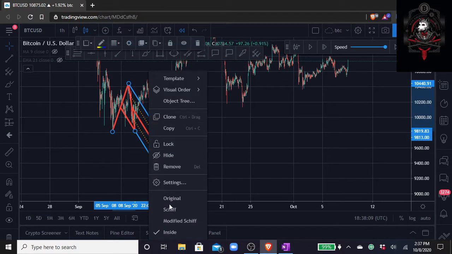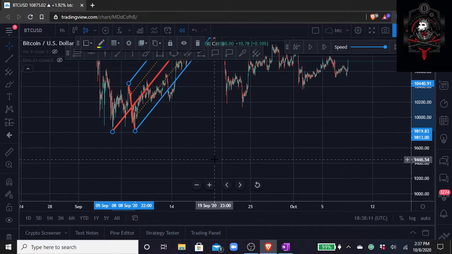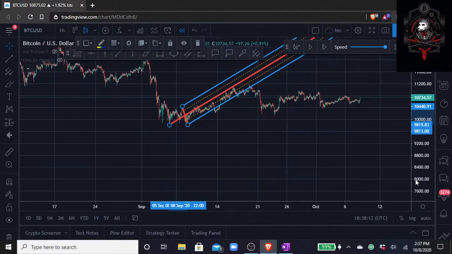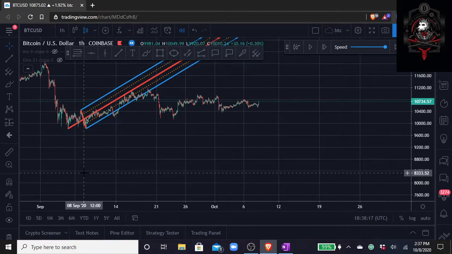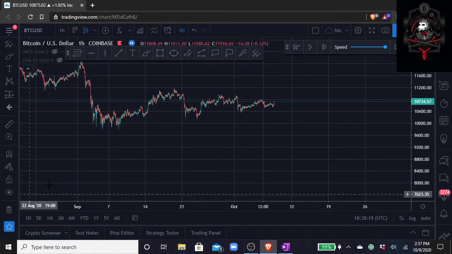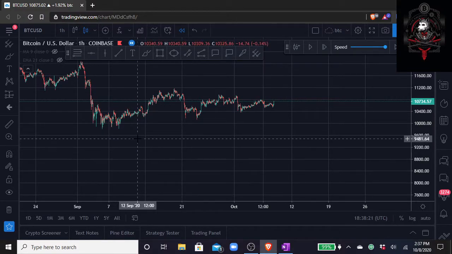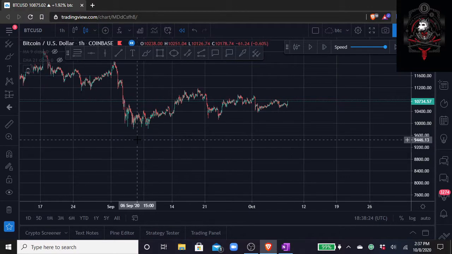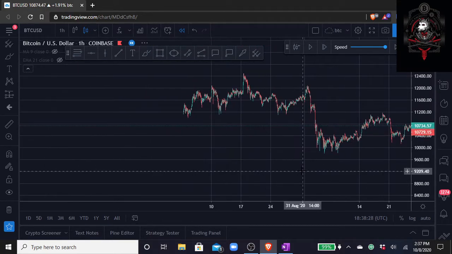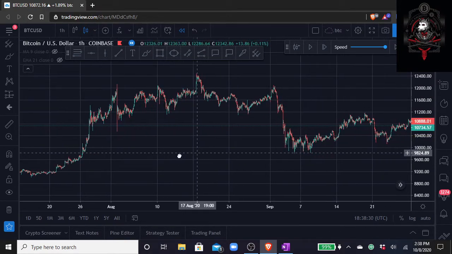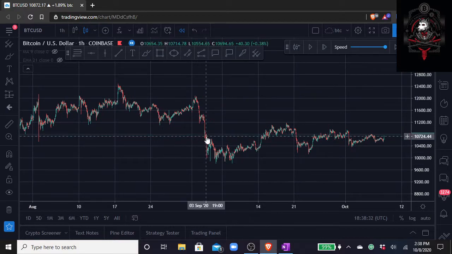So let's go back over to the original. So your shift pitchfork is for corrections, and let's see if we can find a good example of a correction. Let's say this right here.